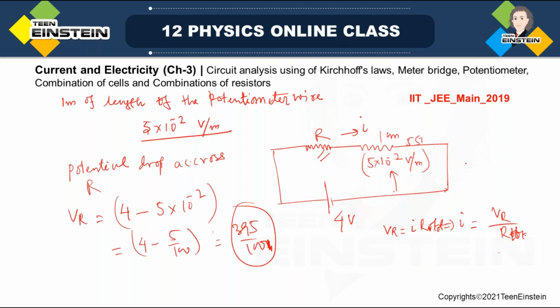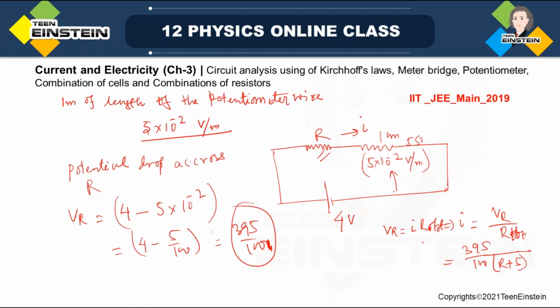We know VR already, this is 395 by 100, and in the denominator you have R plus 5.